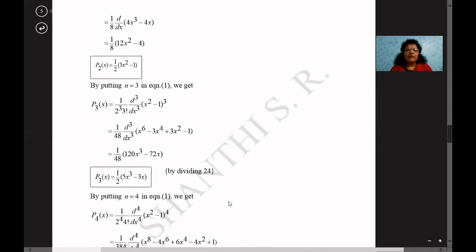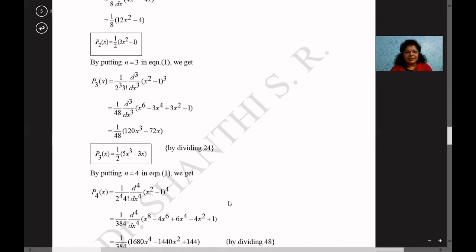P3 of x. How will you get P3 of x? By substituting n is equal to 3 in equation number 1. So what will you get? 1 by 2 cube, 3 factorial, d cube by dx cube of (x square minus 1) the whole cube. What is 2 cube? 8. 3 factorial is 6. 8 into 6 is 48. Third order derivative, that is d cube by dx cube.